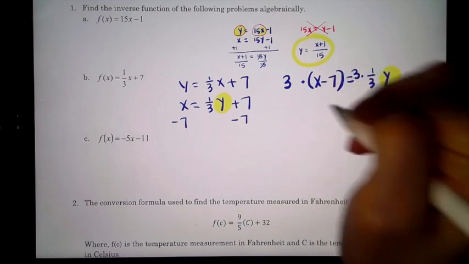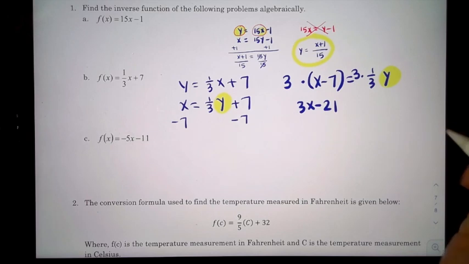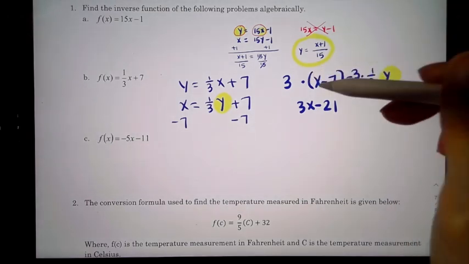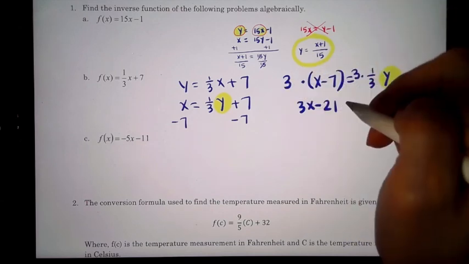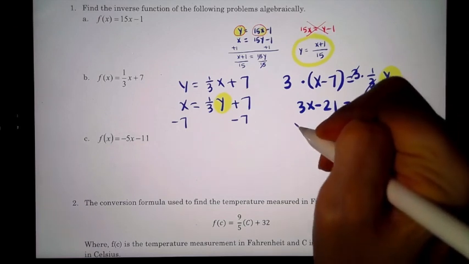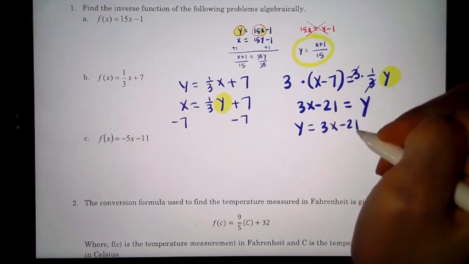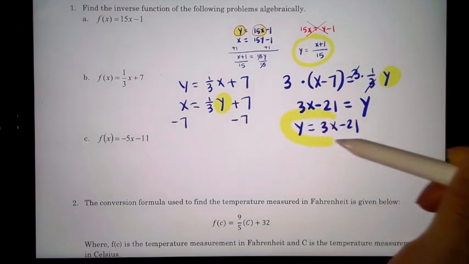Then my left side, 3x minus 21. I know a lot of you made a mistake: multiplying by 3 into x only, not 7. But you need to distribute that. And here, 3 cancels, so you have only y. We write y on the left side, minus 21. So this is my final answer.